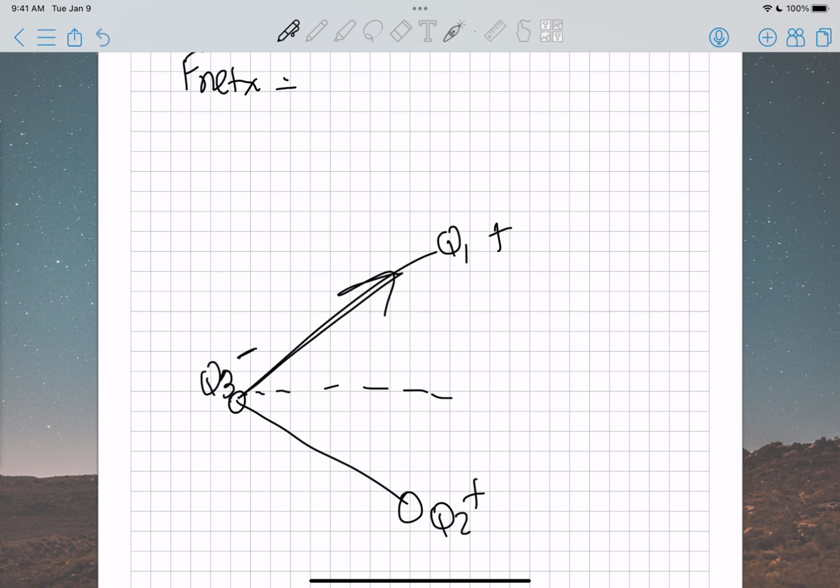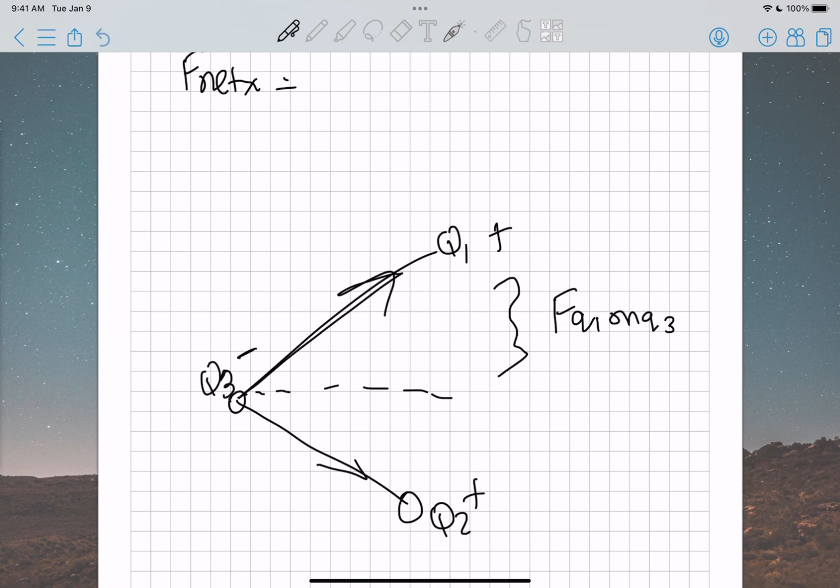How would Q3 react to Q2? So what is the force of Q2 on Q3? Same thing, it also moves towards it, right? Now you see here, what are the x and y components of this first force, F Q1 on Q3? Give me positive, negative, y-axis, x-axis notation.